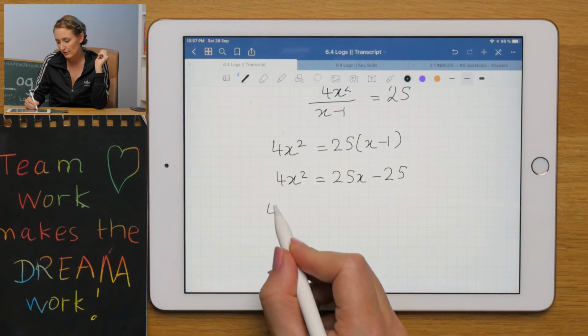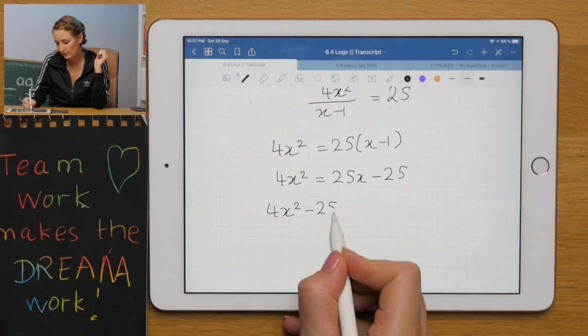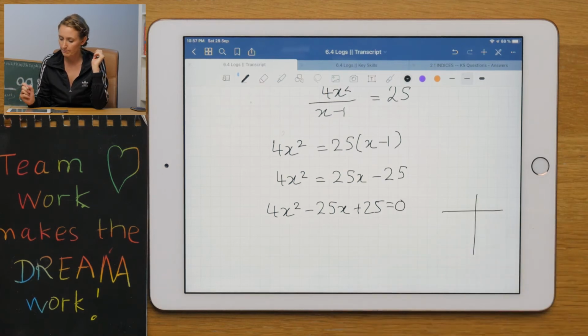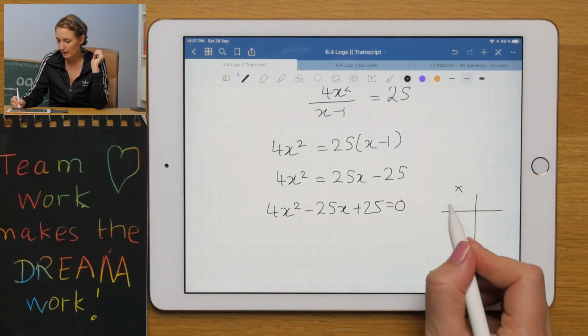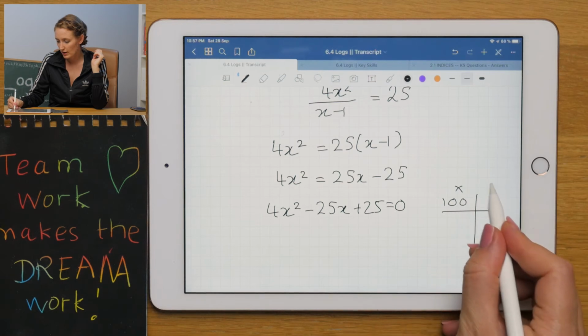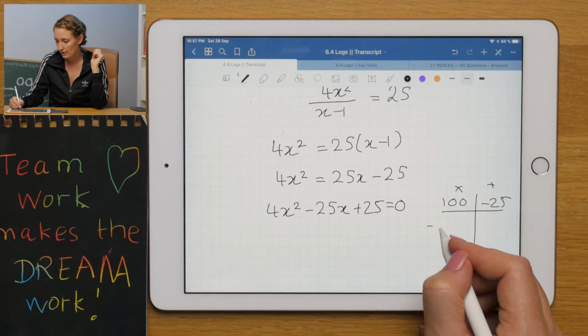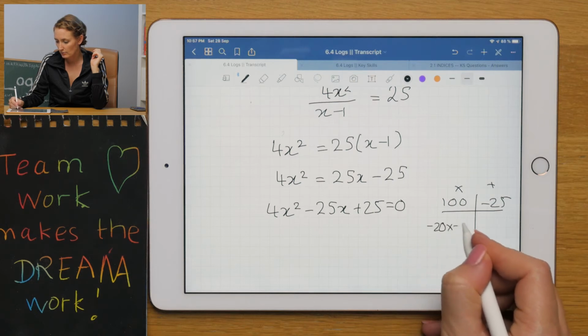Okay, let's bring everything over to one side. So minus 25x plus 25 equals 0. So we need to multiply to 100, add up to minus 25, and we're going to have minus 20 times minus 5.